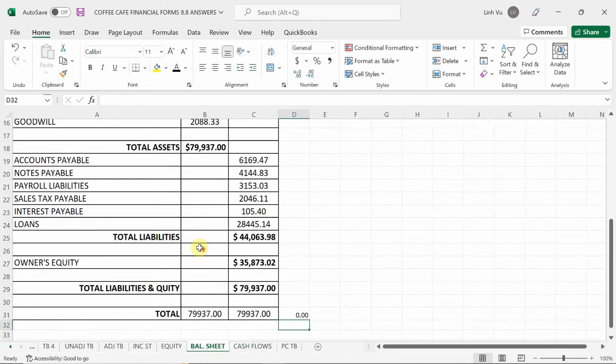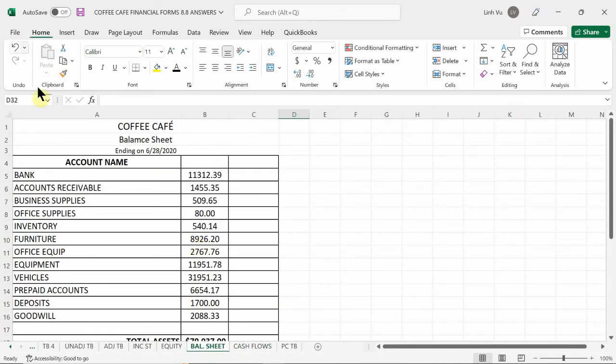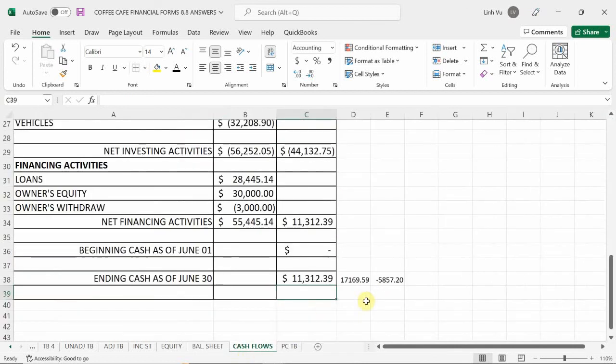And is that true? Let's take a look at my cash. Is that how much cash I have? Yes. So this tells you how much money you spent.